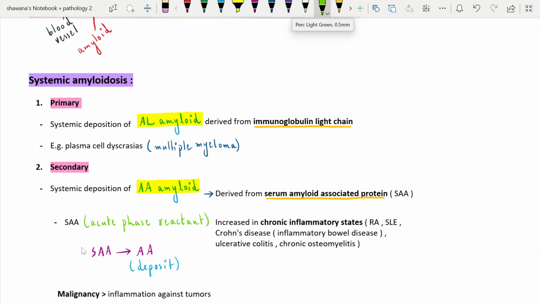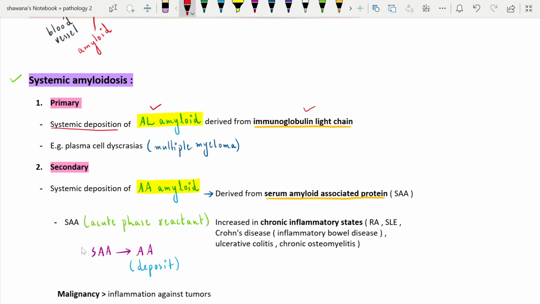So let's talk about systemic amyloidosis. Systemic amyloidosis is further divided into primary and secondary. The primary means that there is systemic deposition of a specific amyloid protein, known as AL amyloid. AL amyloid protein is derived from immunoglobulin light chain.